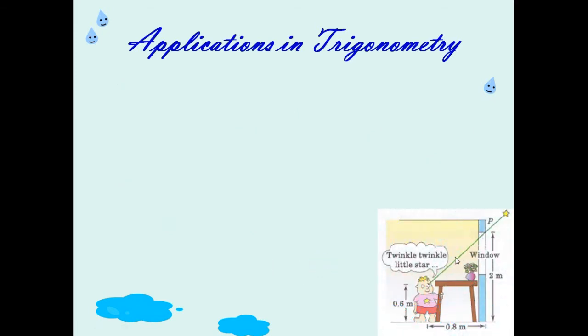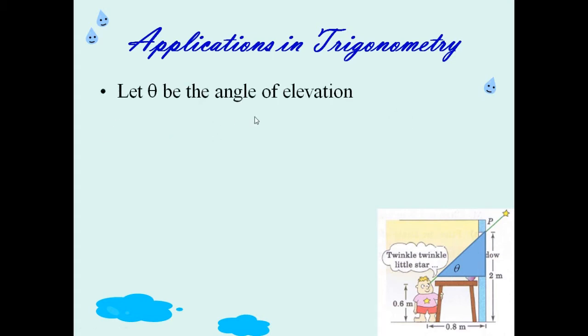First, find out this right angle triangle, then draw it and mark the angle you want to find. This angle is the angle of elevation, theta. So you may say let theta be the angle of elevation. Then by looking at this, you find that you have the horizontal line.